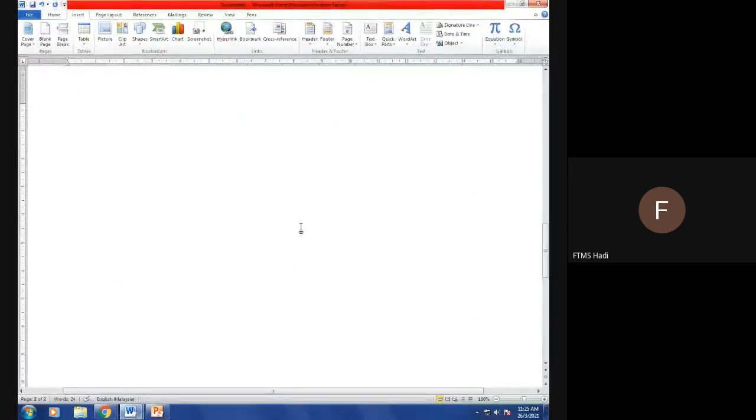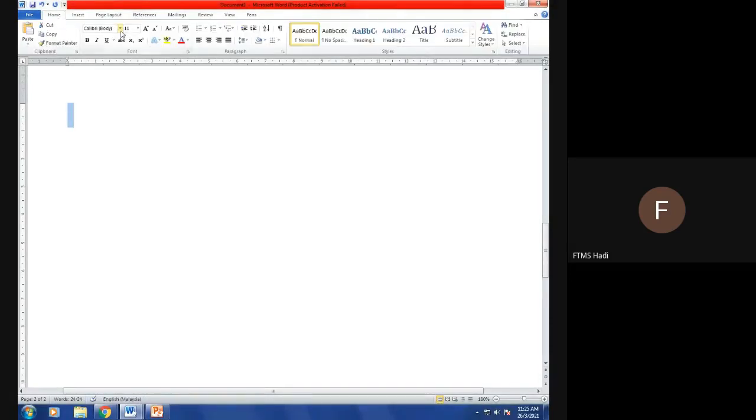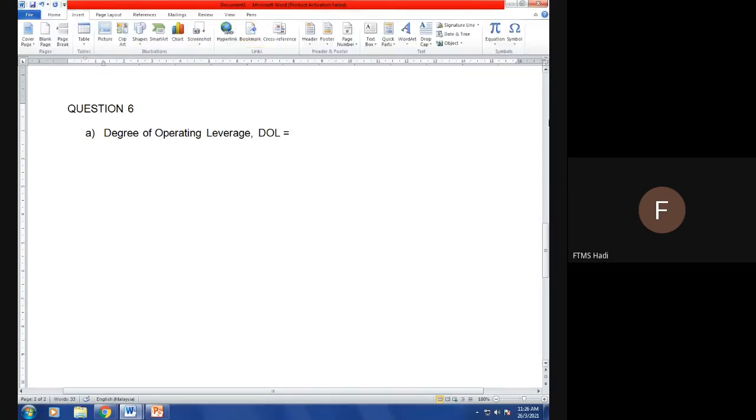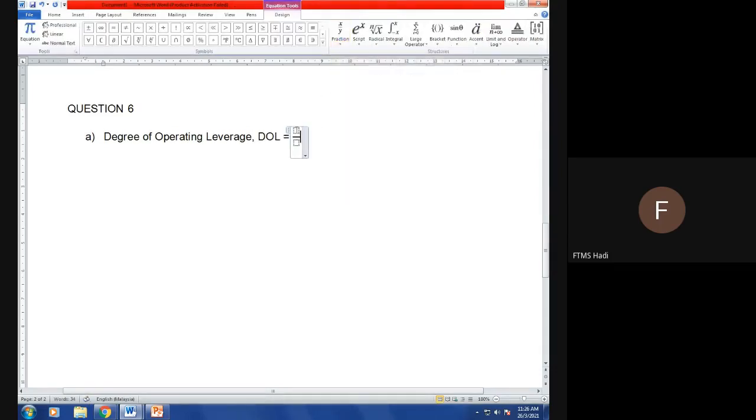So the degree of operating leverage, which is DOL, the formula will be gross profit.